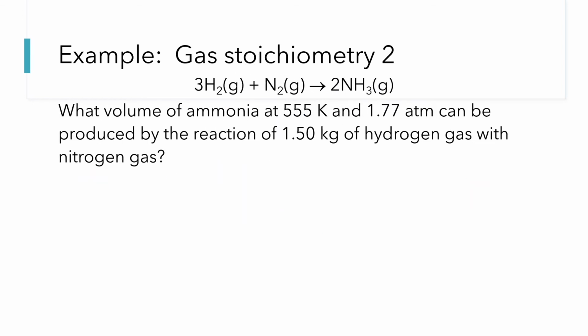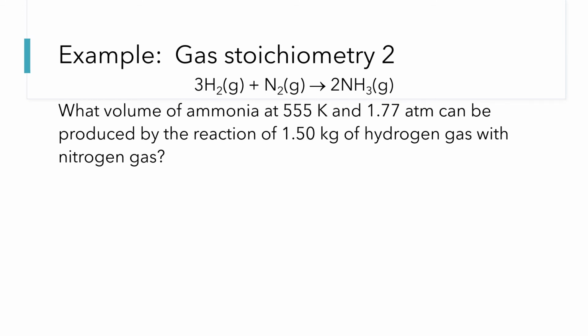In this next example, I'm given the mass of one of the reactants, hydrogen gas, and asked to find what the volume of ammonia produced would be at 555 Kelvin and 1.77 atmospheres. That's way different than STP. There's no way we can use that 22.4 liter factor in this problem because it's so far away.